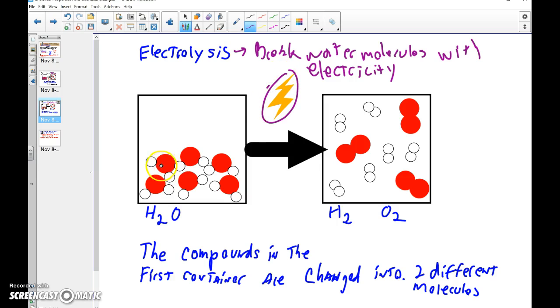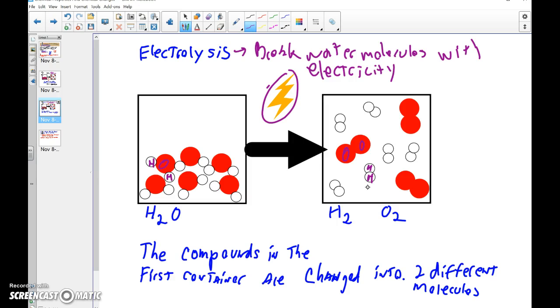And what you'll notice is that over here I have an oxygen and 2 hydrogens. But over here I have the oxygens in pairs and the hydrogens in pairs. What's happened is that the actual substance inside, it's different. It's not the same thing anymore.